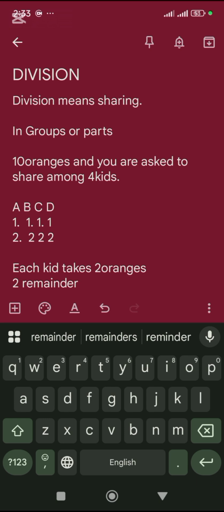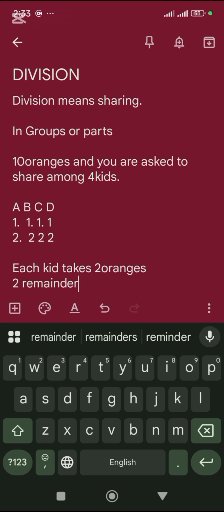Because you have 10 oranges, you are asked to give them to 4 kids. So you give the first kid 2, the next kid 2, and so on. You see, the remainder of 2, you cannot give to A and B, say 1 each, and leave out C and D. It means you are going to be partial.